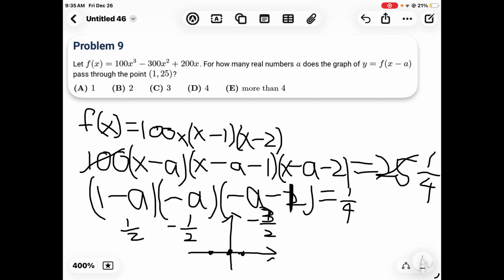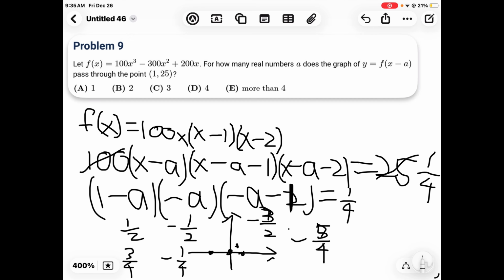So multiplying them all together, we have 3/8. So somewhere over here. And then at 1/4, we have that this is 3/4. This is negative 1/4. And then this will be negative 7/4. Negative 5/4. So multiplying them together, we have 15/64, which is approximately a fourth.